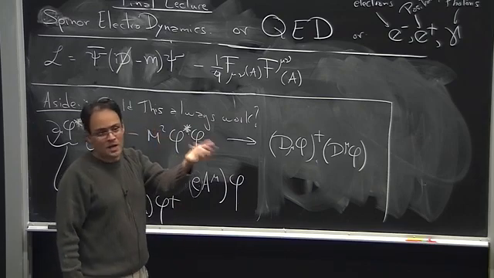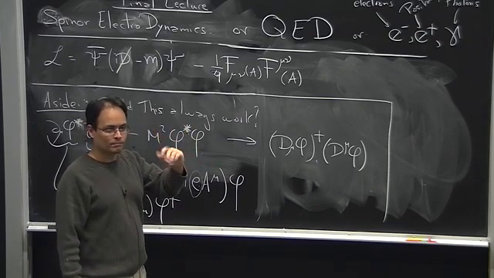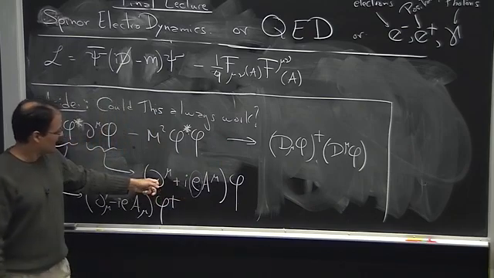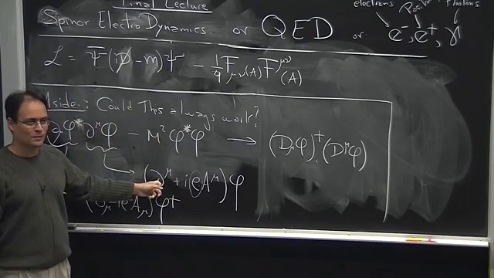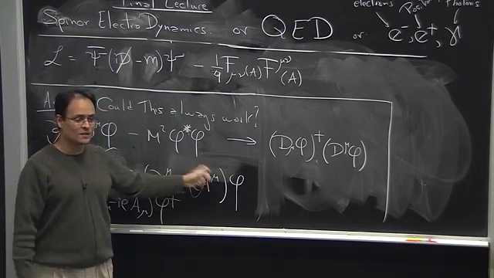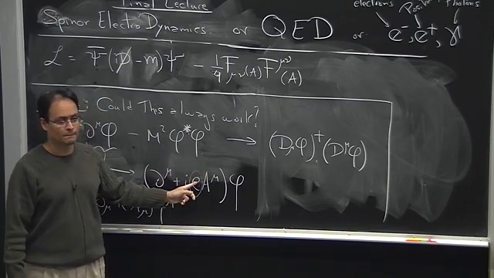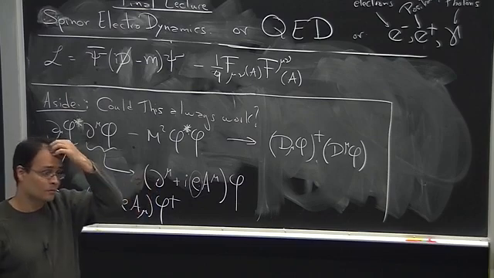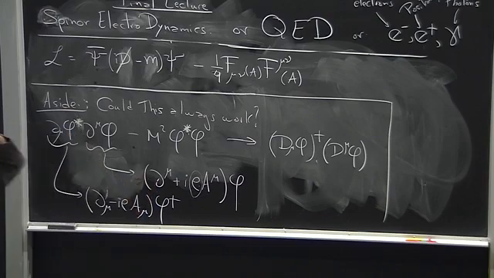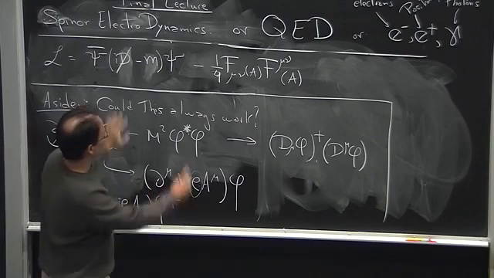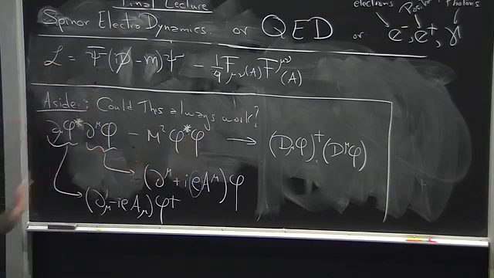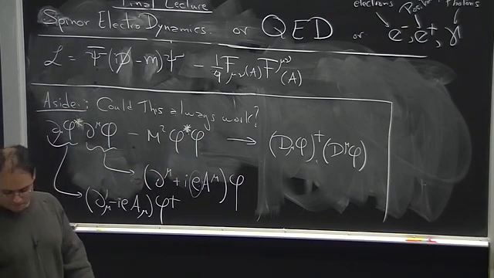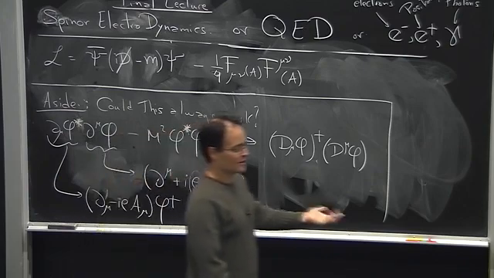It has dimensions of mass, and it has the same dimensions as this guy. So if this formula is going to make any sense, what's the dimensionality of E? It's 0. So it's a marginal coupling in 4 dimensions, okay? So this is a dream Lagrangian. It's completely fine.